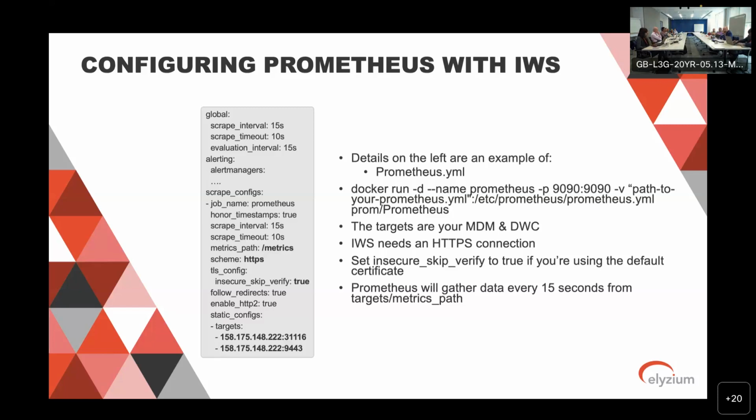So it ignores the certificate, or else it will error saying it's an unsigned certificate when it tries to gather the information. So you set those pieces of information, and then it will gather from the master and the DWC.